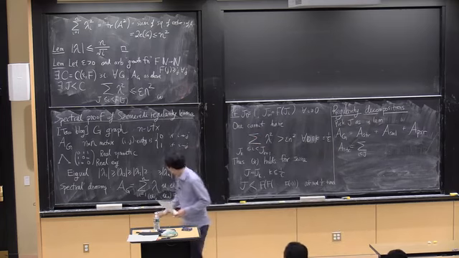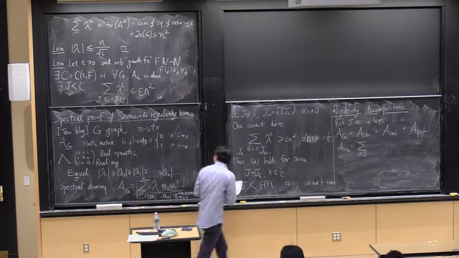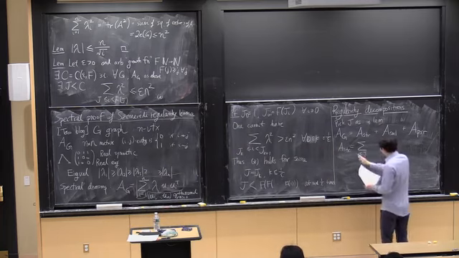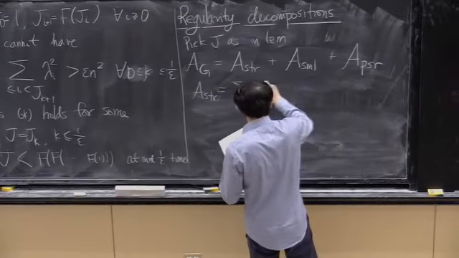So this is the spectral decomposition, but only for the first j minus 1 eigenvalues.